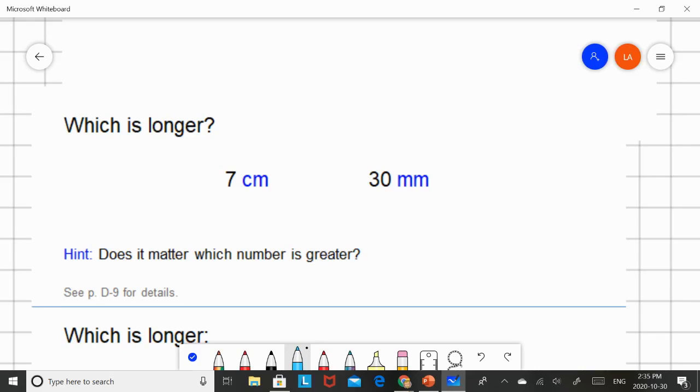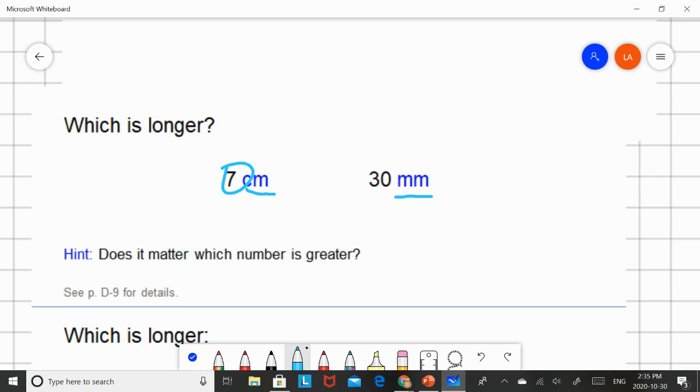Okay, which one is longer, 7 centimeters or 30 millimeters? The easiest thing to do is make them the same unit of measurement. This one is in centimeters, this one is in millimeters. So let's make the centimeters into millimeters, which means we have to count by 10 seven times.